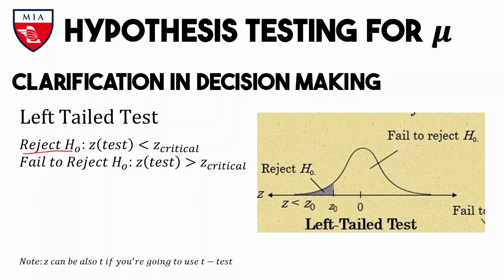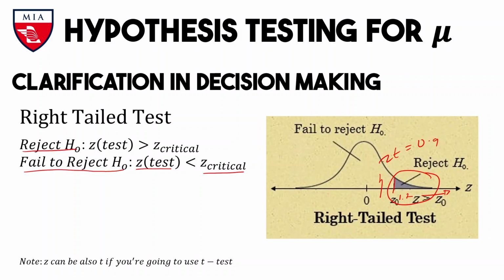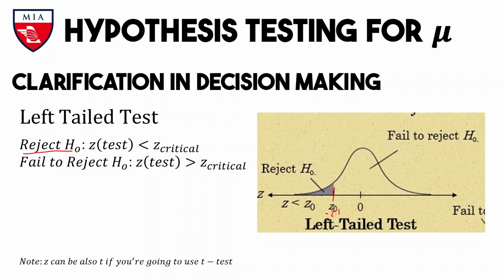For example, our z-critical is negative 2.1, and our z-test is equal to negative 1.2.